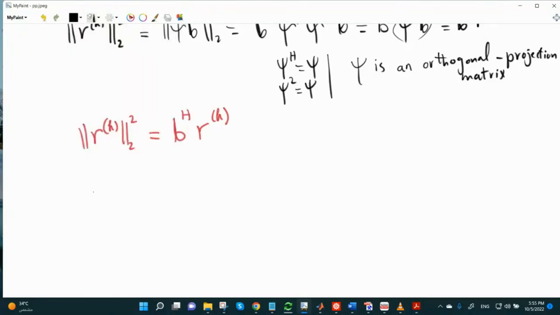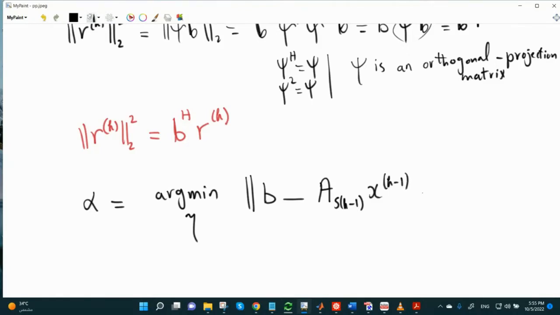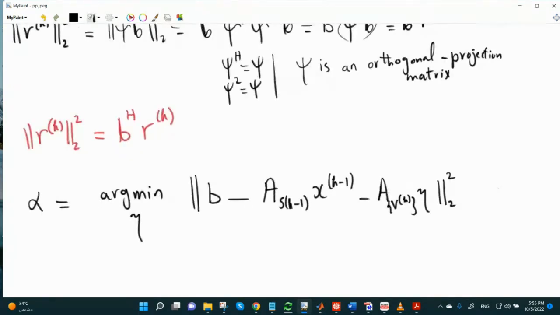We will define, let's say, alpha as the argmin over eta of the L2 norm squared of b minus A sub S of k minus 1 times x of k minus 1, minus A times v of k times eta. Let's see what is going on here.